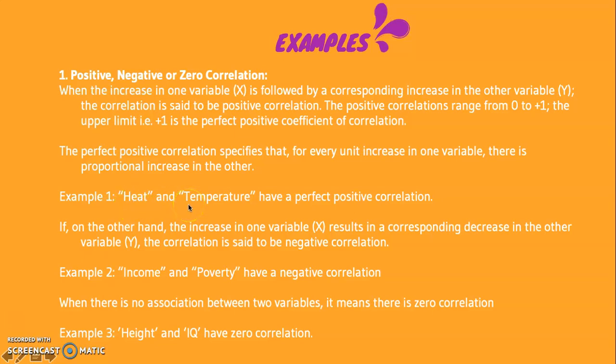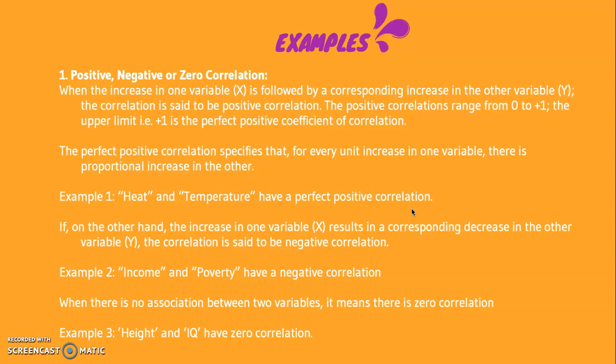A good example of a perfect positive correlation can be seen in the relationship between heat and temperature. When you apply heat to a metal or any object, you will notice that the temperature will begin to rise. The more heat you apply to the object, the higher the temperature will rise.